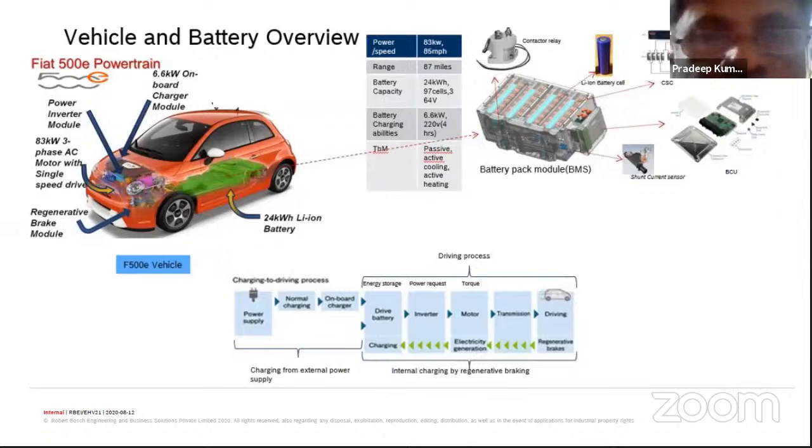Okay, good morning once again. I will give you an overview of electric vehicle components at an overview level. I'll also give some more information on the different components, how the electric vehicle works, what our challenges are, etc. As an example, I have taken a Fiat 500e electric vehicle, to see the essential components in the system.